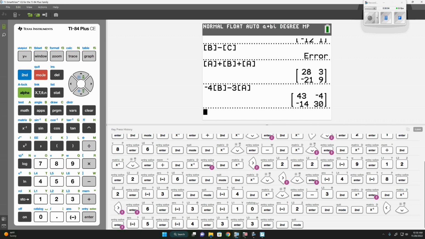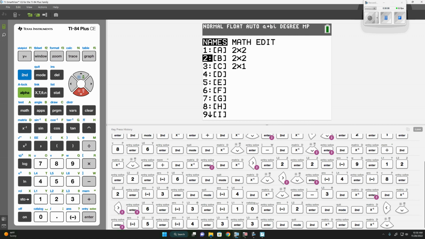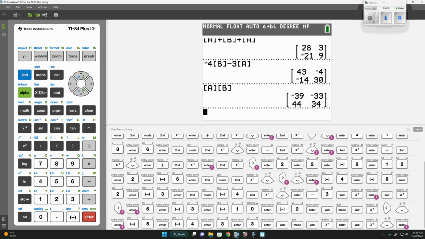Then A times B, if we put them next to each other, it is considered multiplication. And it gives us our answer. Questions on this here? Questions on any of this so far?